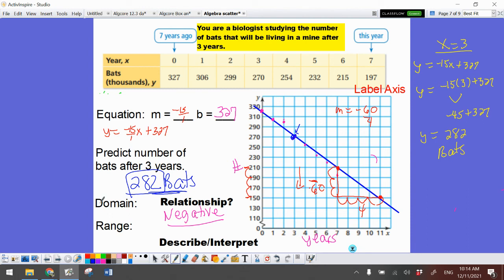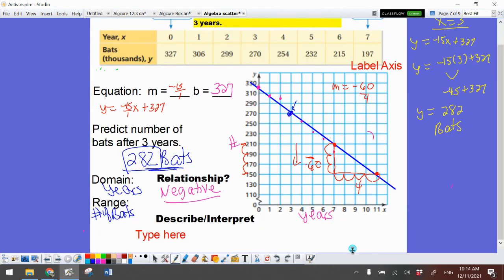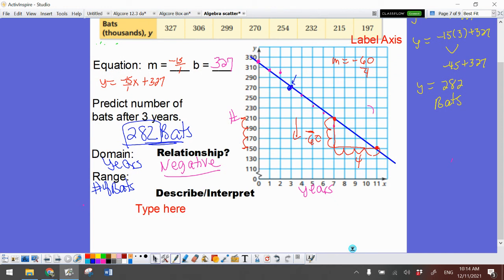All right. Our domain, that's our X value. So that is years. Our range, that is our number of bats. That is our Y value. Okay. And if I want to interpret my data, that means that I am looking at what is increasing and what is decreasing. Well, my years I see are increasing.